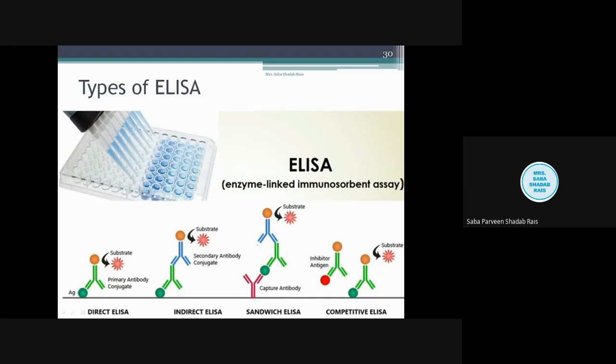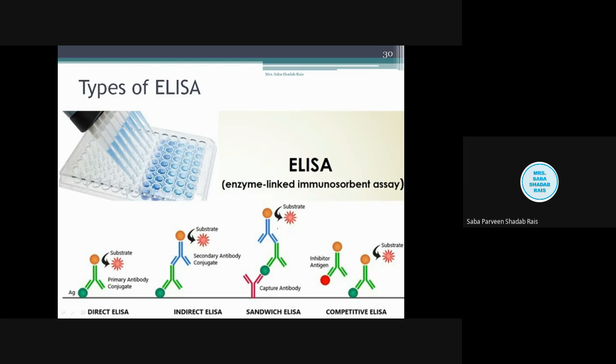Okay, so here I have shown the indirect ELISA. These are the capture antibodies which are already coated inside the well. Understood? So this is the idea. This first antibody is already present in the well, and this type of ELISA plate for special tests like HIV, AIDS and so on is already available in the market, in which the capture antibodies are coated inside the well, and the sample containing the antigen is added to the well.